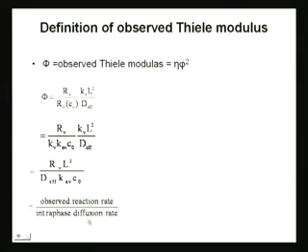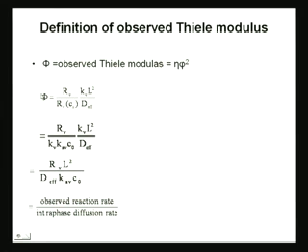So this is correct, that observed reaction rate over interface diffusion rate. The observed Thiele modulus is the effectiveness factor times the intrinsic reaction rate, which is the observed reaction rate.